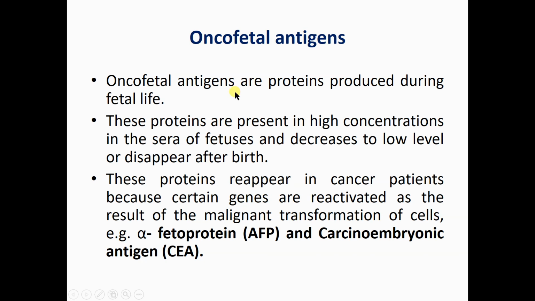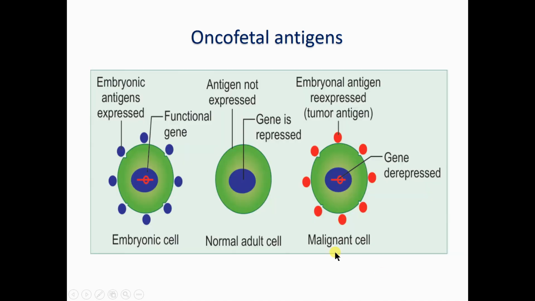So the oncofetal gene becomes de-repressed and reactivated, which leads to malignant transformation of the cell. In a normal person, these oncofetal genes are inhibited. They are alpha fetoprotein and carcinoembryonic antigen.